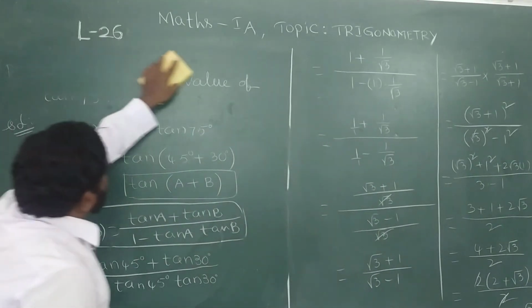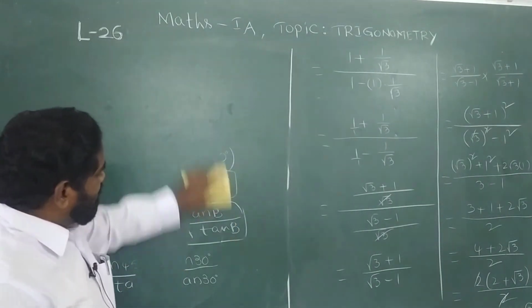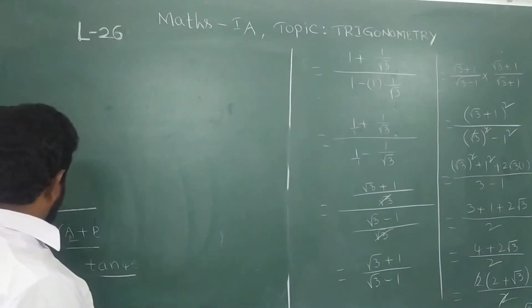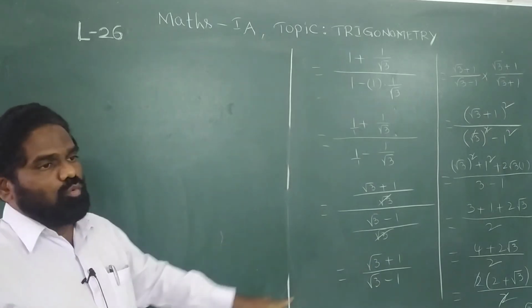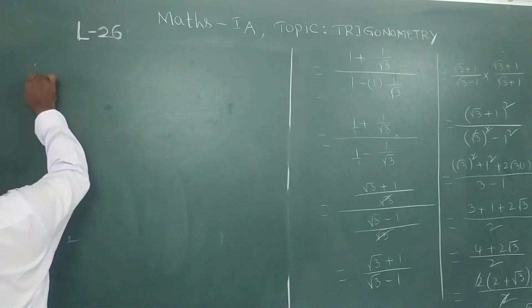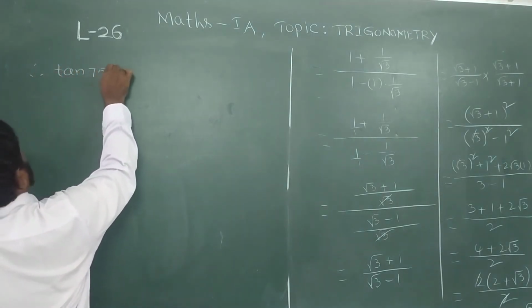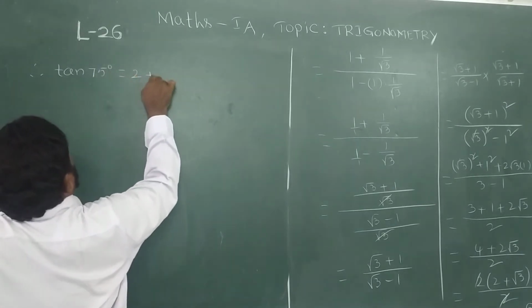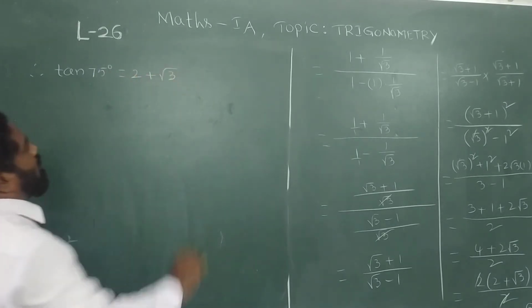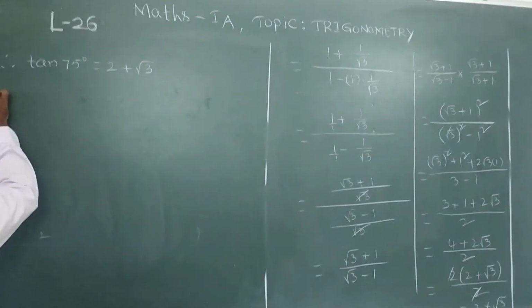So, therefore, the value of tan 75 degrees is how much? 2 plus root 3. Therefore, tan 75 degrees equals 2 plus root 3. One note condition is there.